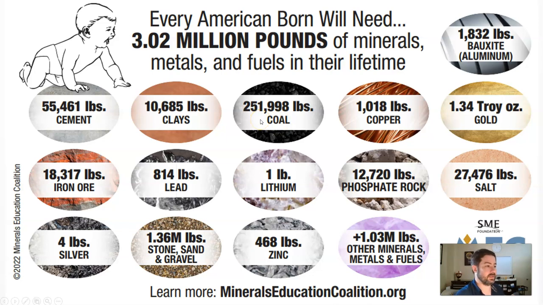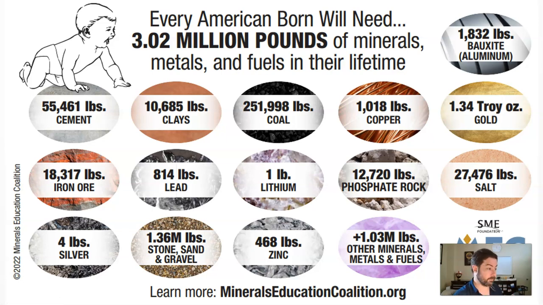copper that goes into all the electronics and wiring from everything that we have. Gold, you might not have any gold, but your electronics probably do. Small amounts of gold. Your computer definitely has some gold in there. Iron ore, it's how we extract iron. Between iron and coal and a few other minerals, you mix all that together.